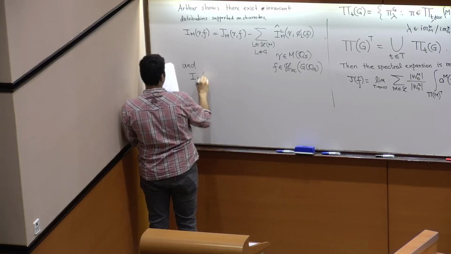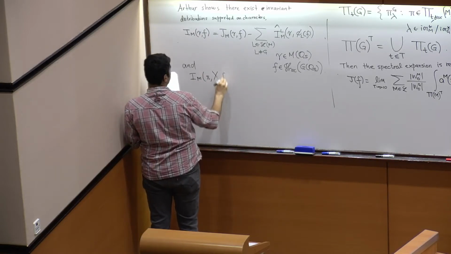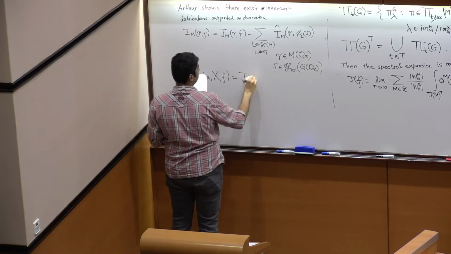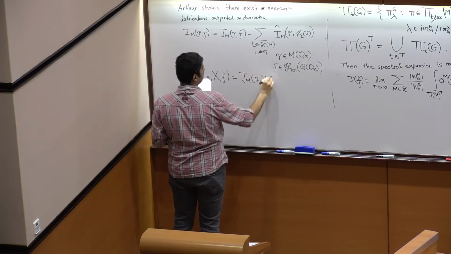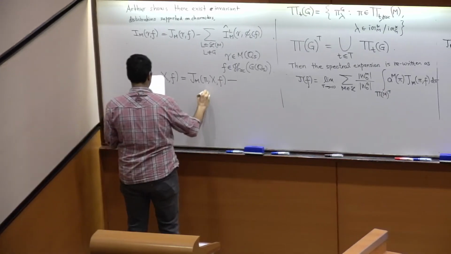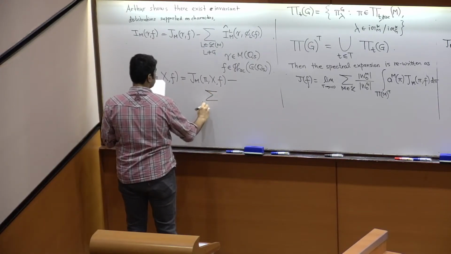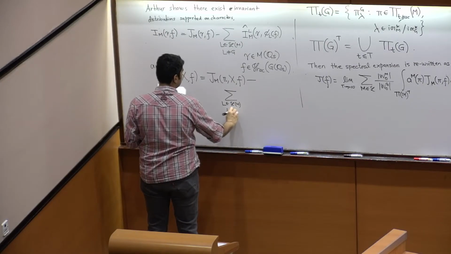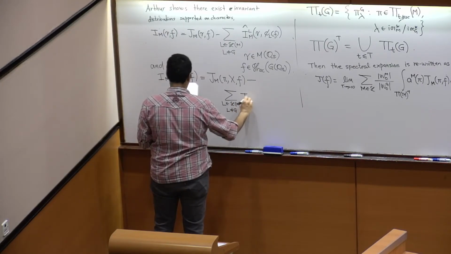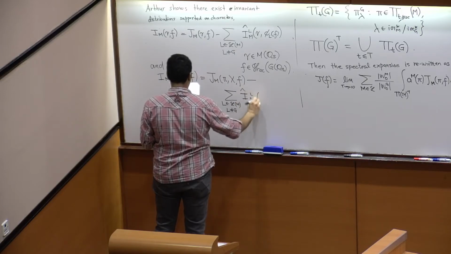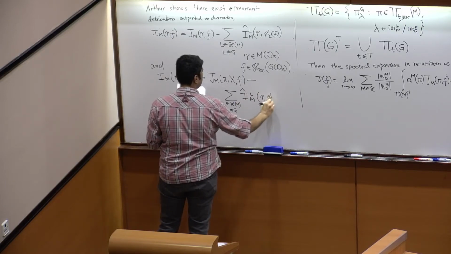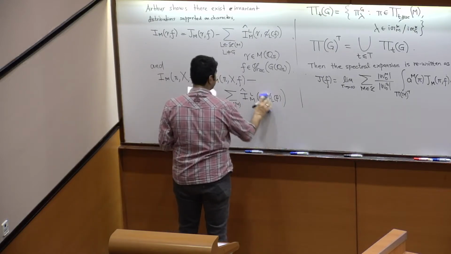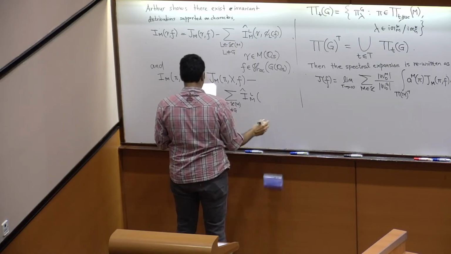So I_M(phi_x, f) equals J_M(phi_x, f) minus the contribution of smaller Levi subgroups. Sorry, this is vector side.